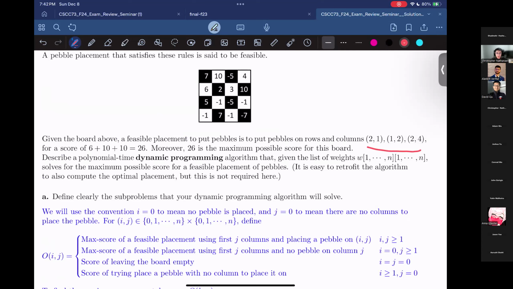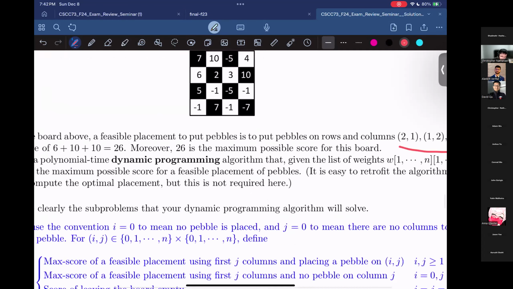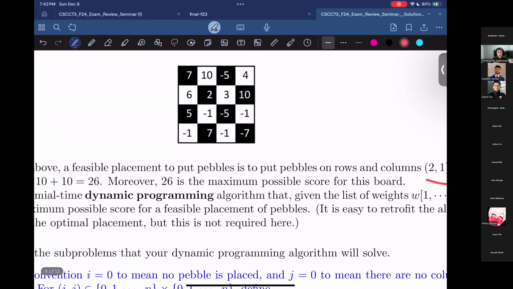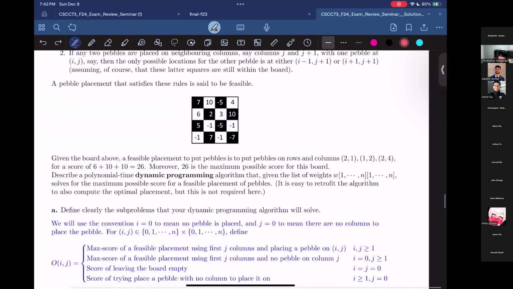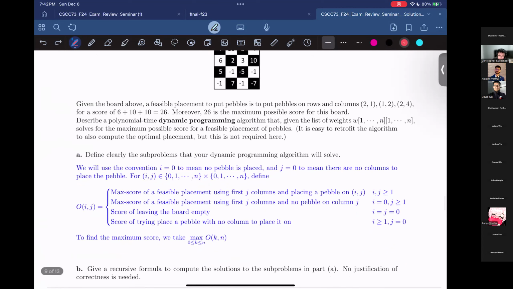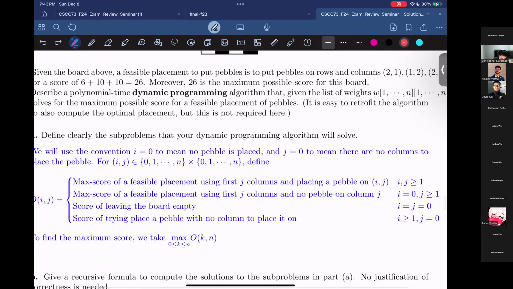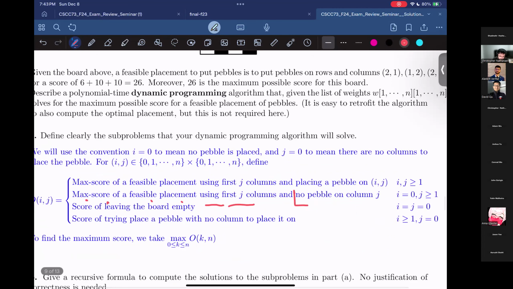So sometimes the optimum answer means that we don't have to place pebbles because there are also negative values around, and we have the restriction that if you put a pebble in ij, we're somewhat restricted on where to put the pebble in the next column. So when i equals 0 and j is more than or equal to 1, it means the max score of a feasible placement using the first j columns and putting no pebble on the column j.